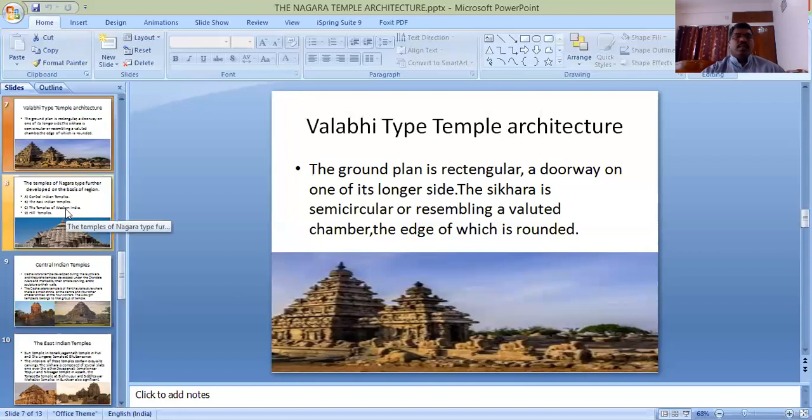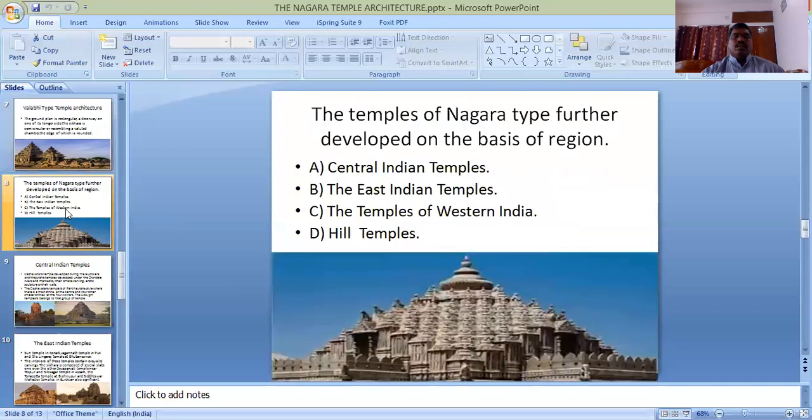The temples of Nagara type further developed on the basis of region.